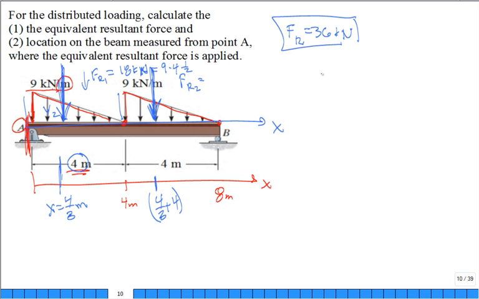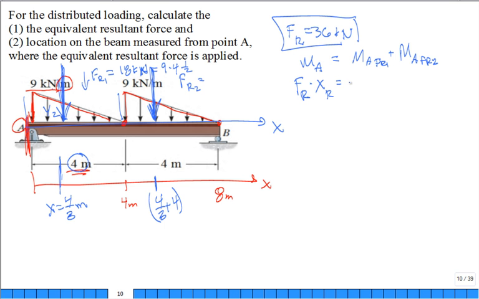Now that I know where each of those two are applied, I have the equation. The constraint, or the goal, is to have the one force, F of R single, times X, where you're going to apply that resultant, create a moment around point A of the equivalent system, and I want that to be the same as the moment around point A of FR1 and the moment about point A of FR2, which is the same as the moment around point A for the distributed loads.